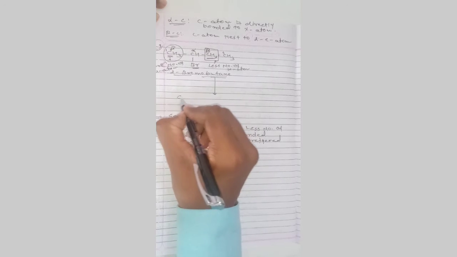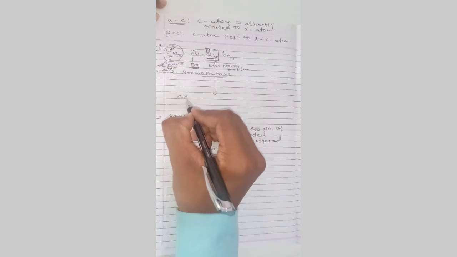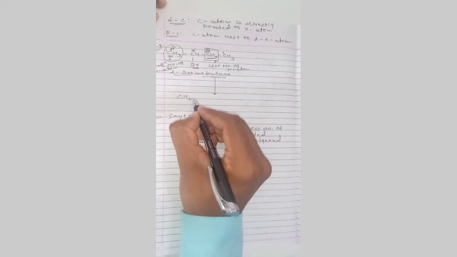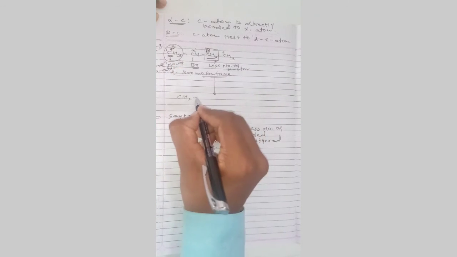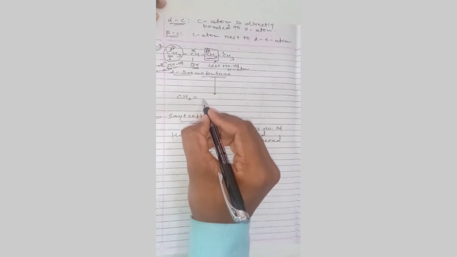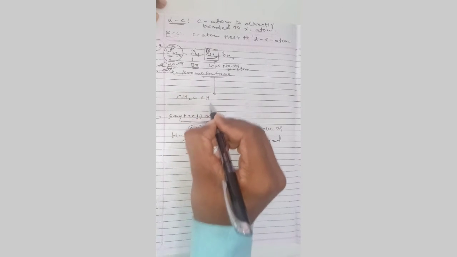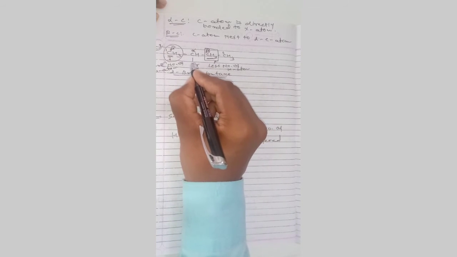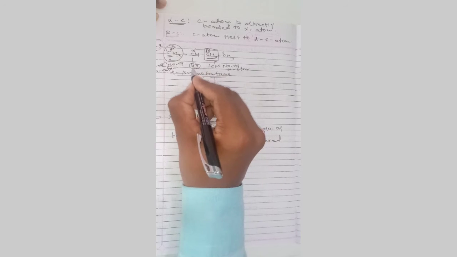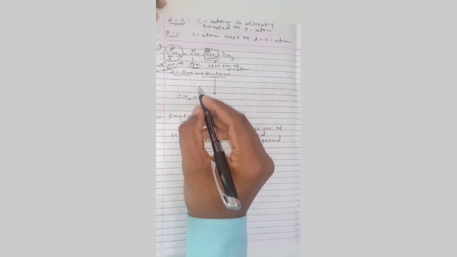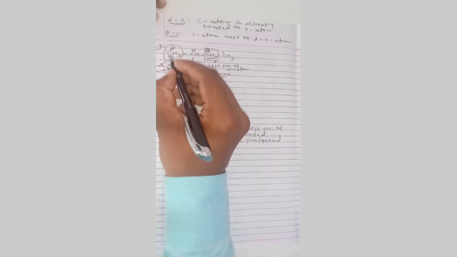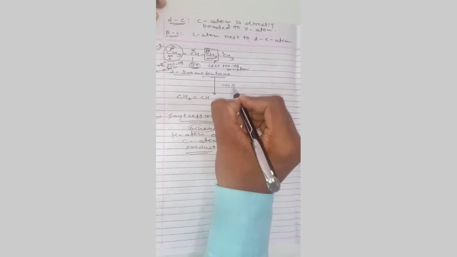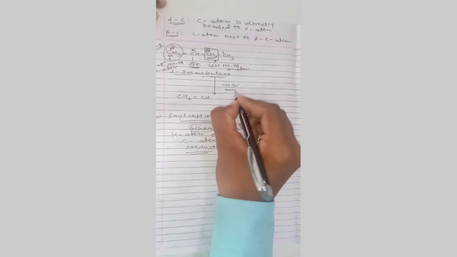From here one hydrogen atom is eliminated, and this single bond is converted to a double bond, CH2=CH. Then the bromine atom is eliminated, attached with a hydrogen atom, and the product hydrogen bromide is formed.